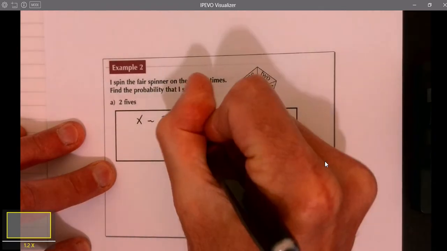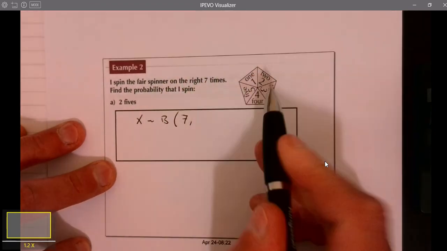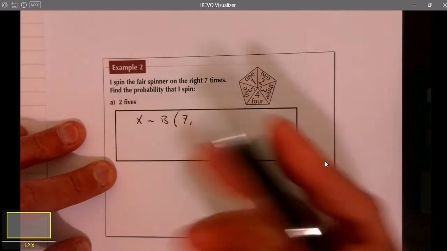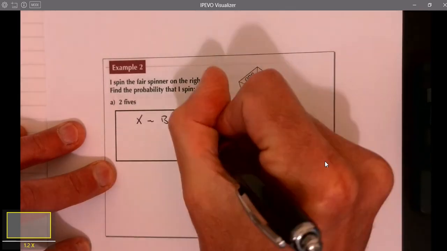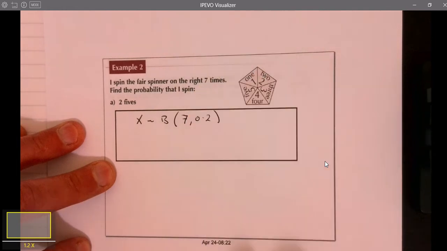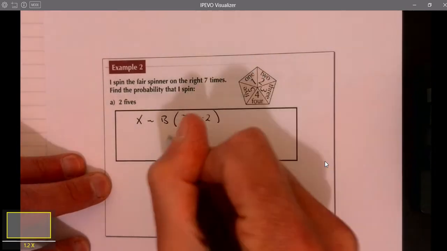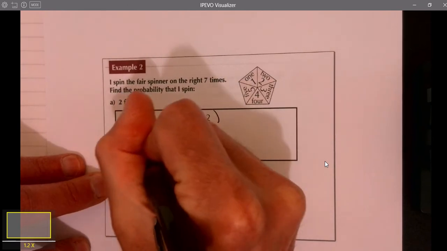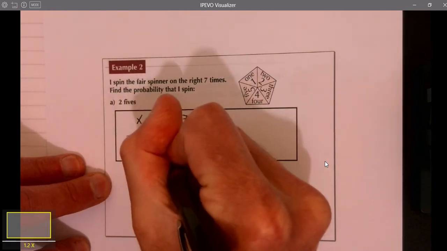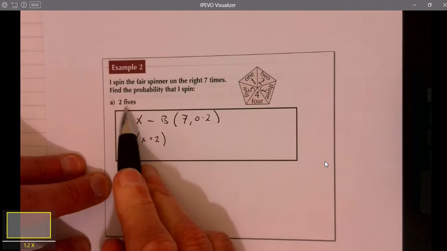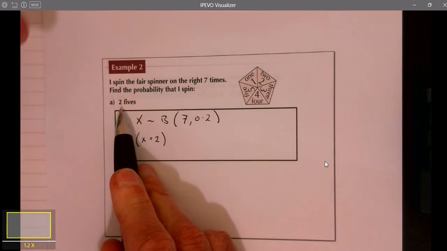So let's summarise what we've got. We spin it 7 times, and what's the chance of getting a 5? It says fair spinner, so that's going to be 0.2. You can write 1 over 5 if you want to. Now we can write this down. What's the probability that x is equal to 2? x, the random variable, being the number of 5s that we're going to get.